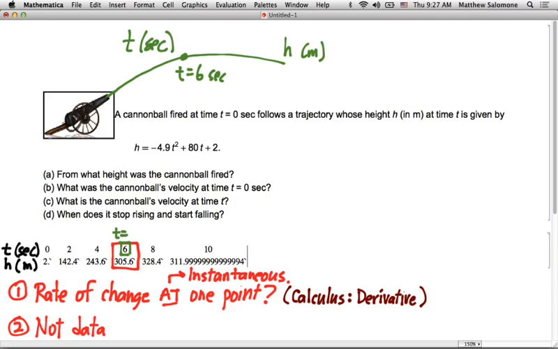In other words, in order to find the instantaneous rate of change at a single point, t equals 6, I would need to have not only a point of data at t equals 6, but I would also need to connect it, quote unquote, to another point which is so close to t equals 6.